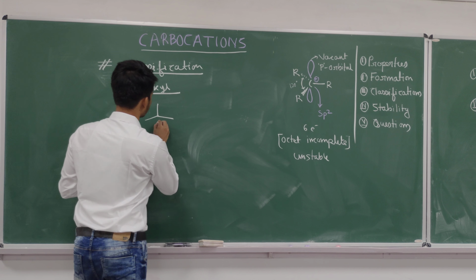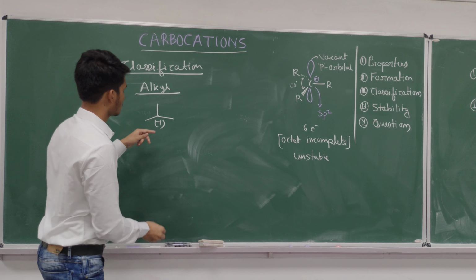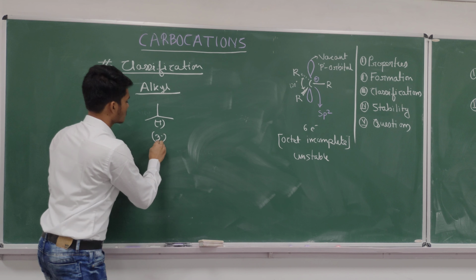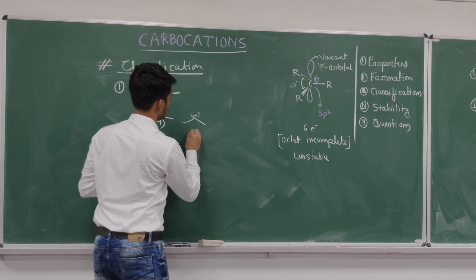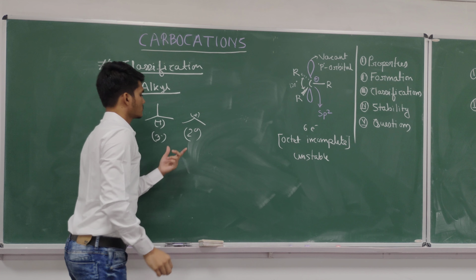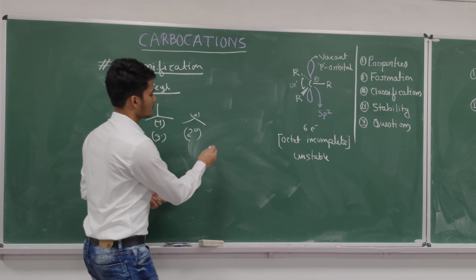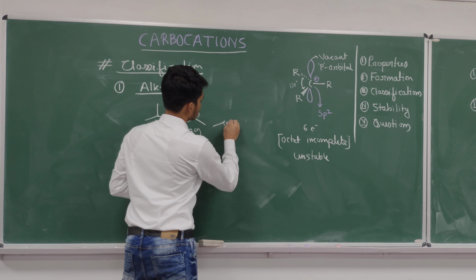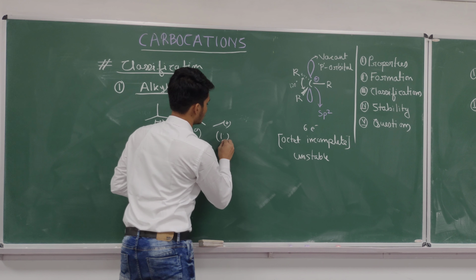Let's take some examples like this. This is a 3 degree carbocation because the carbon having positive charge is attached with 3 carbon atoms. This is 2 degree because the carbon having positive charge is directly attached with 2 carbon atoms. Now if it is attached with only 1 carbon atom, then it will be 1 degree or primary.